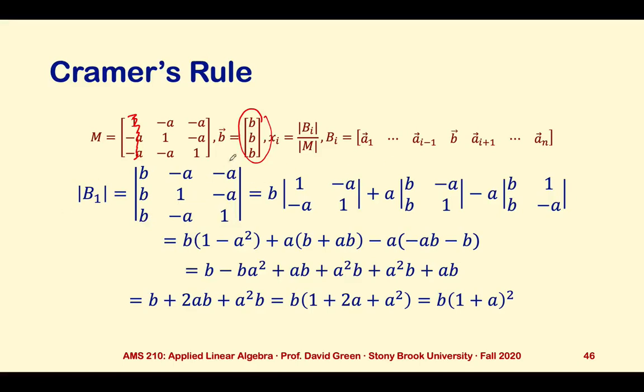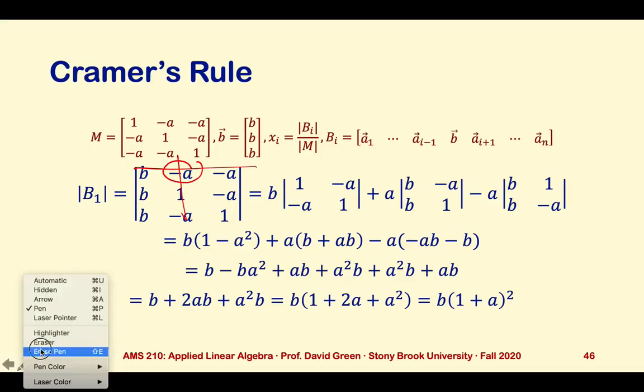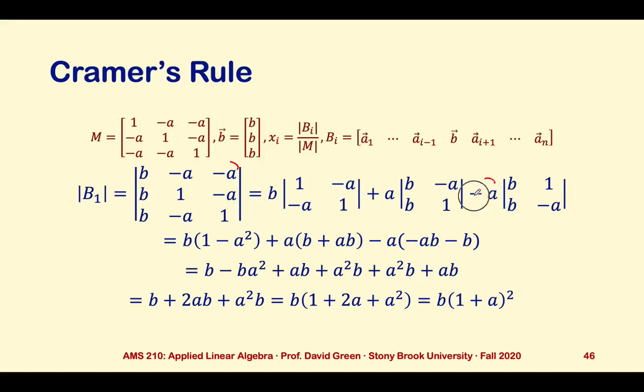We evaluate the determinant in the same way, expanding along the first row. b times the determinant we're left with when we delete these two, plus a times the determinant that we are left with, plus a times the determinant we're left with when we delete those two, minus a multiplied by the determinant we're left with when we delete the first row and the third column, as shown here.